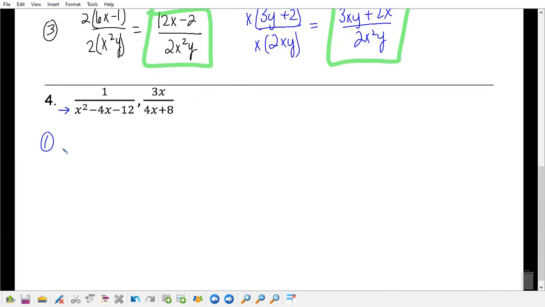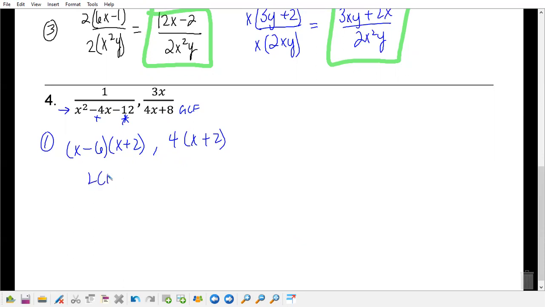So factoring my denominator, this is simple factoring: what multiplies to give me -12 but adds to give me -4, and this is GCF. So I end up with x minus 6 times x plus 2. And on the other one, I factor out 4, and I'm left with x plus 2.